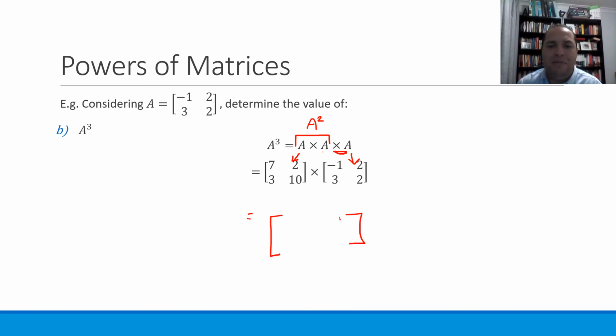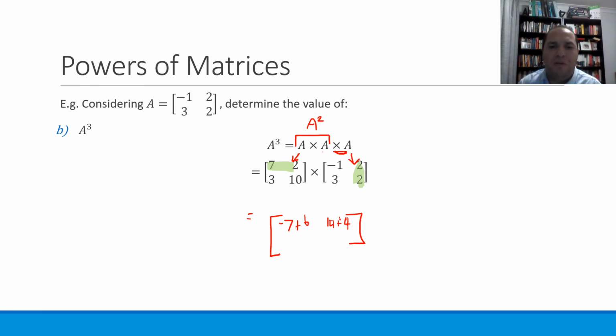We've got our matrix here. We'll do first row times first column. That'll be 7 times negative 1, which is negative 7, and 2 times 3, which is 6. Then we continue to work our way along. First row multiplied by second column: 7 times 2, which is 14, plus 2 times 2, which is 4.